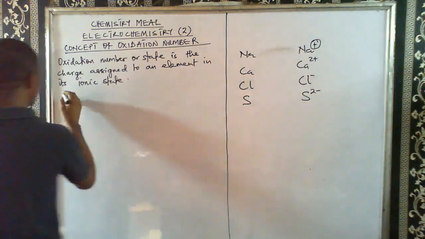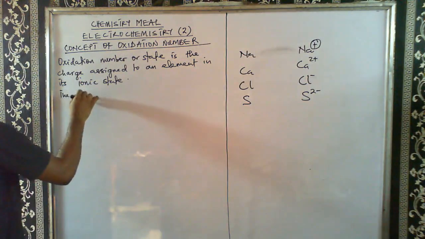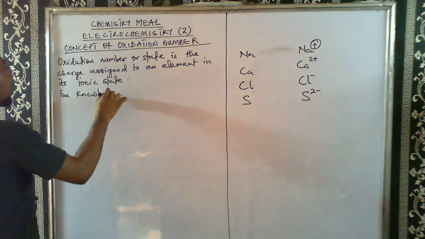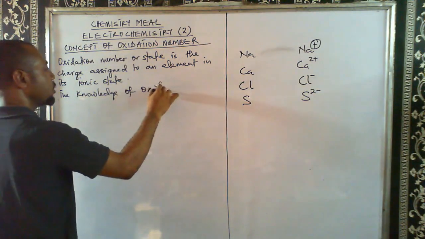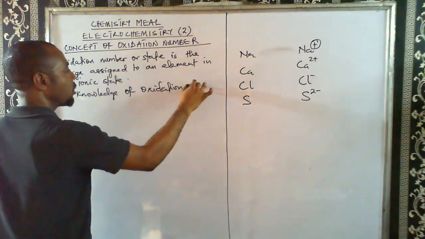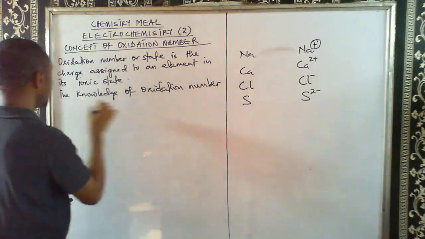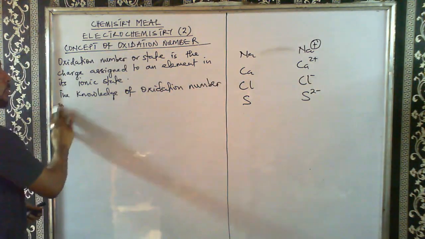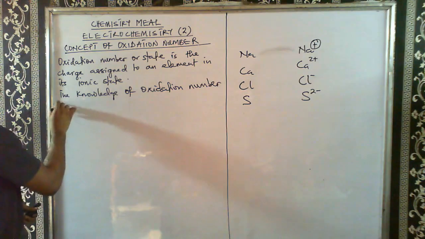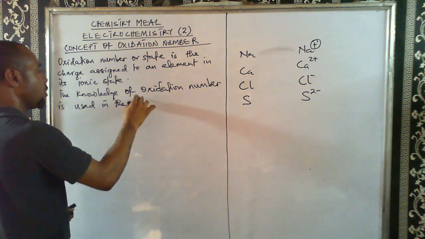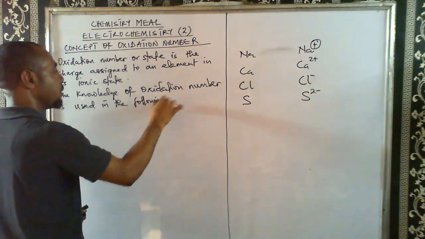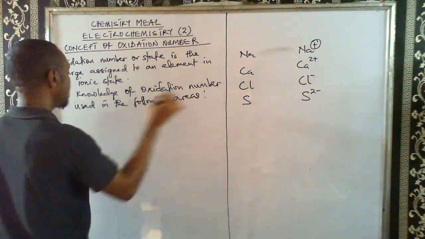Okay. Now, I'm going to talk about two main uses of oxidation number. The knowledge of oxidation number, oxidation state, is used in the following areas. What are those areas?